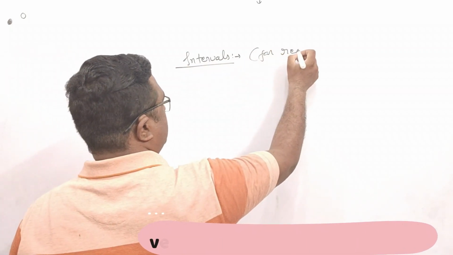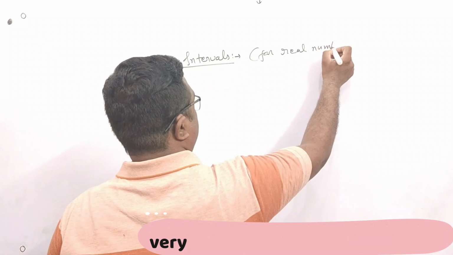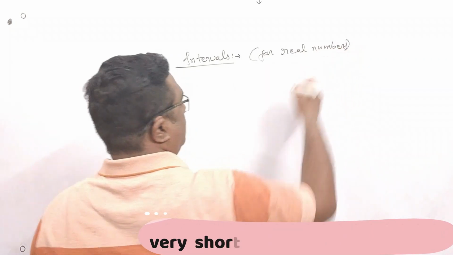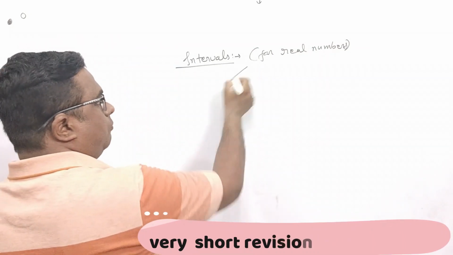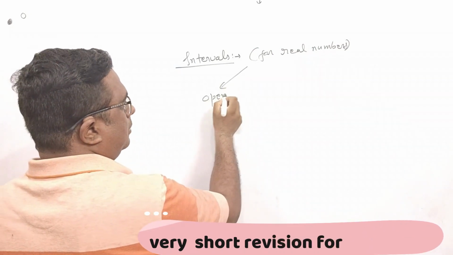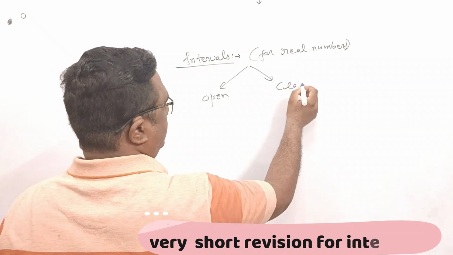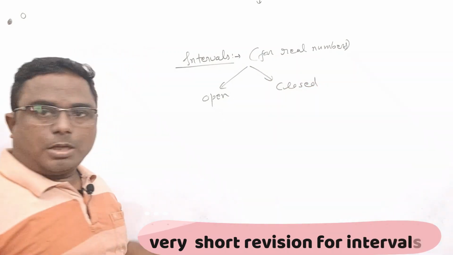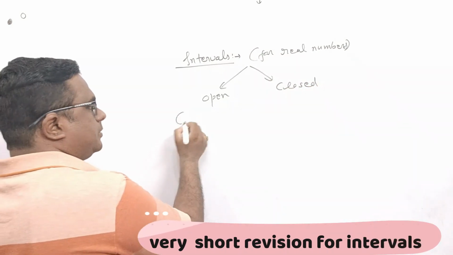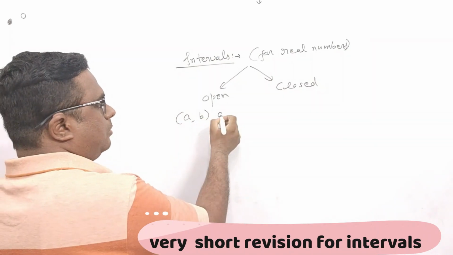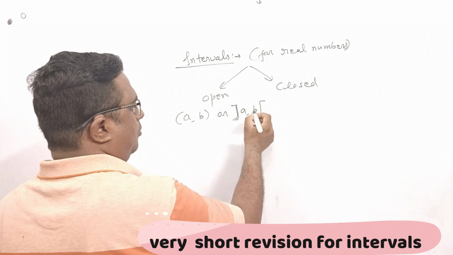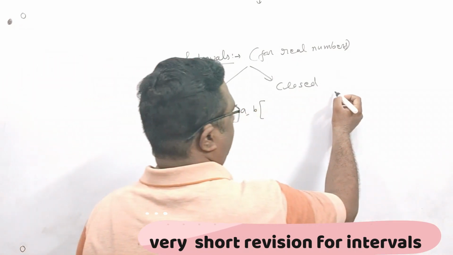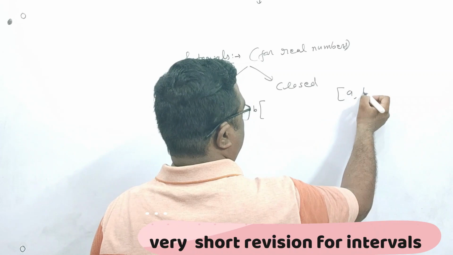Topic: intervals. Intervals for real numbers. Basically, there are two types of intervals. One is called open interval and other is called closed interval. The format of open interval is (a, b), or this is another symbol of open interval, and closed interval [a, b], its symbol is this.